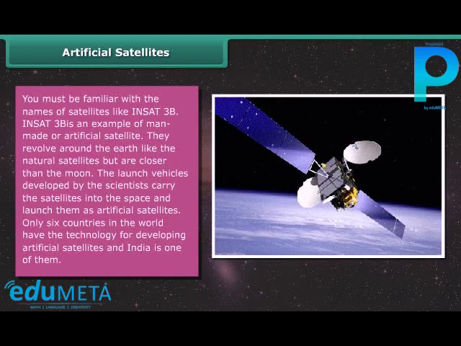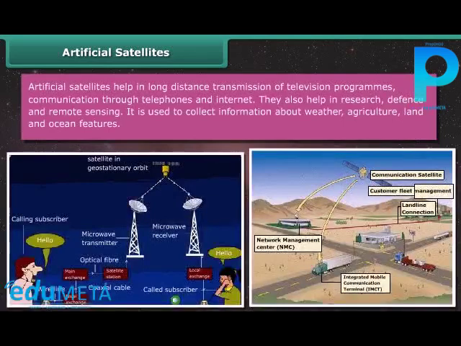Only 6 countries in the world have the technology for developing artificial satellites, and India is one of them. Artificial satellites help in long-distance transmission of television programs, communication through telephones and internet. They also help in research, defense, and remote sensing. They are used to collect information about weather, agriculture, land, and ocean features.